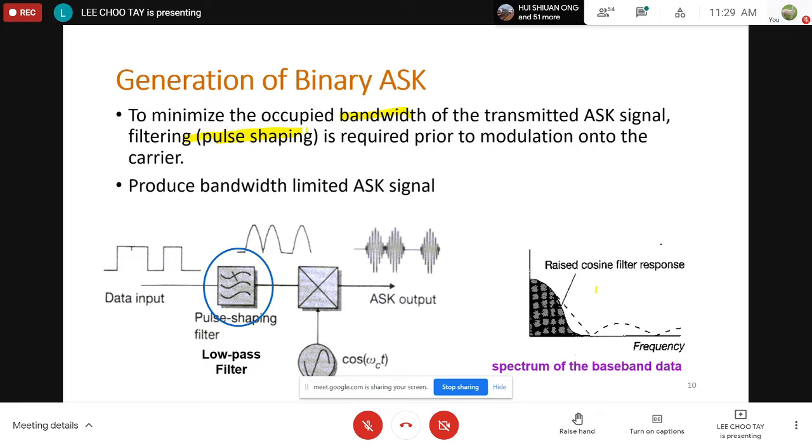Yeah. So on this graph on the right hand side here is when we use a raised cosine filter. All right. So that will limit your baseband spectrum to a much, much smaller bandwidth. And hence, after modulation, your ASK signal will also have a smaller bandwidth as compared to the rectangular signal here.